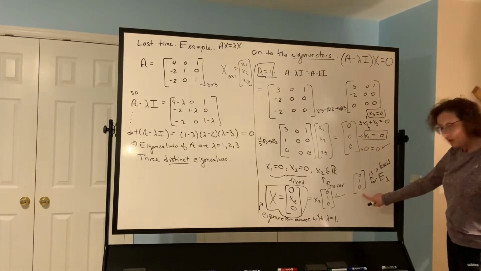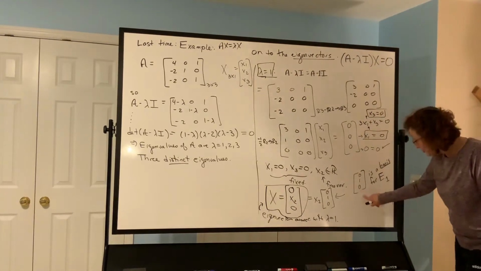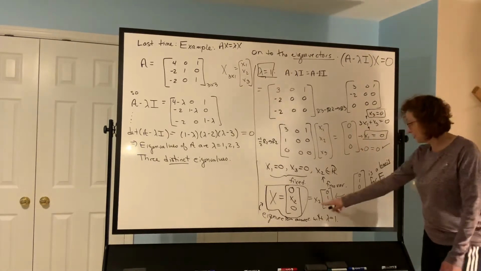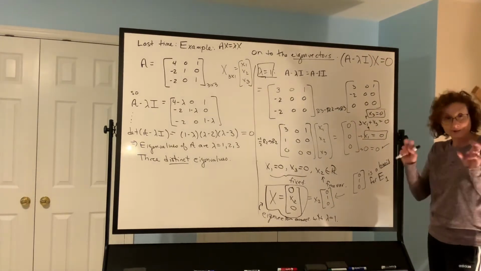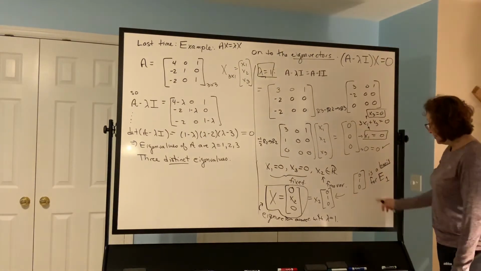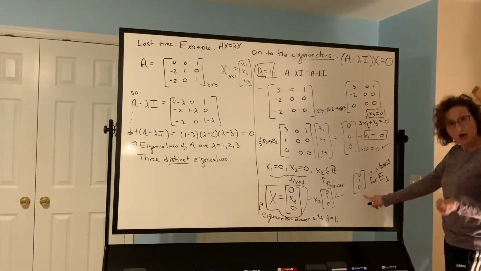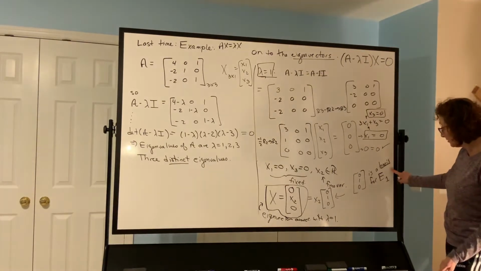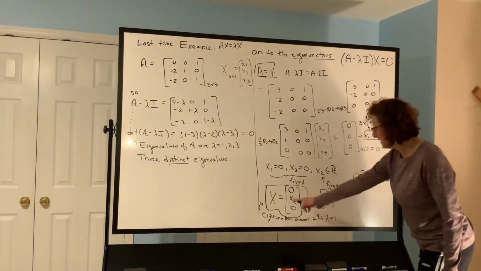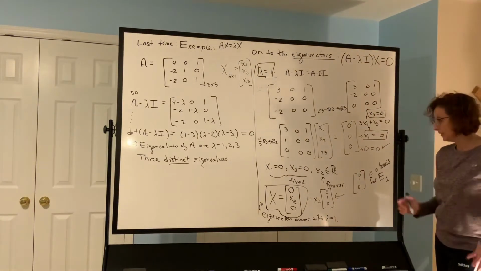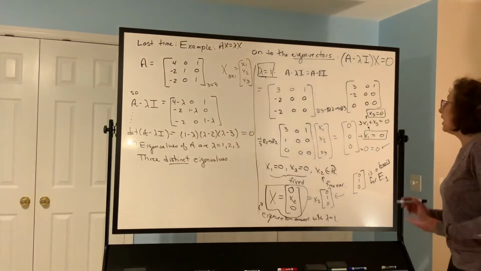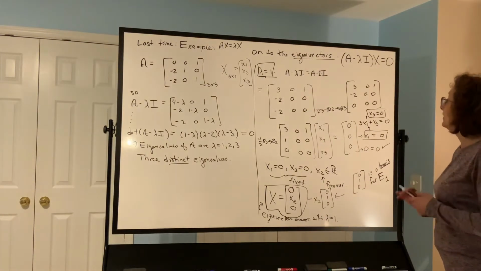But we have one basis vector that generates all possible eigenvectors, because this is just a scalar multiple of that eigenvector. So this 0, 1, 0, a constant vector, is the basis vector. This eigenspace has one basis vector. There's infinitely many eigenvectors because x2 can be any number. Make sense? Different ways of writing the same thing. Okay? All right, so that was for lambda equals 1.